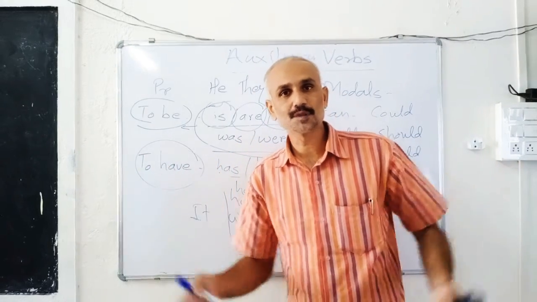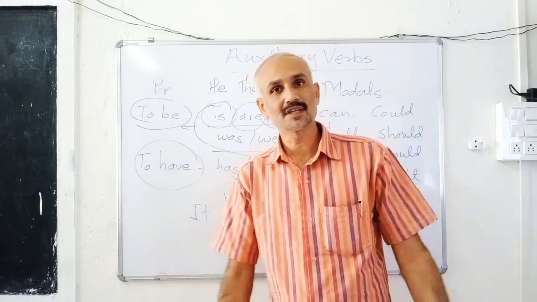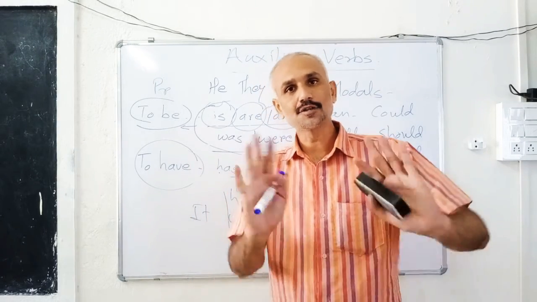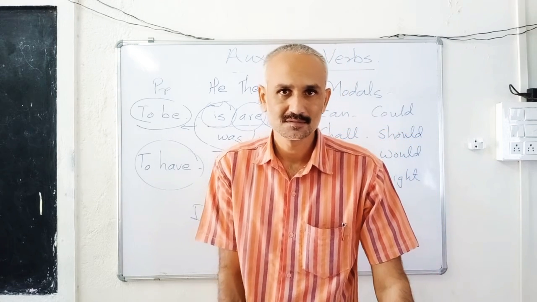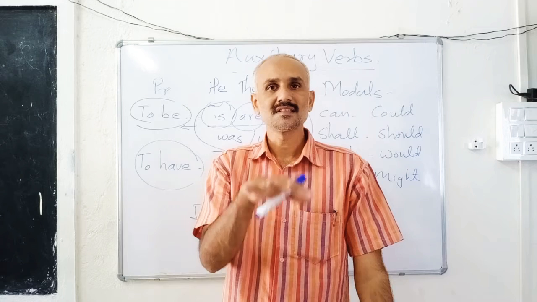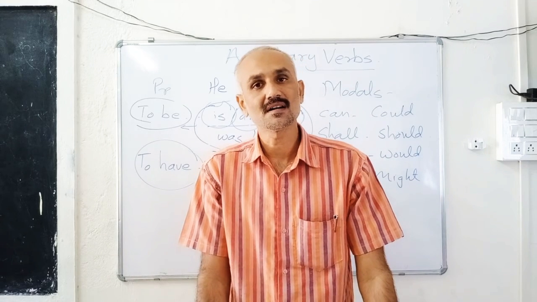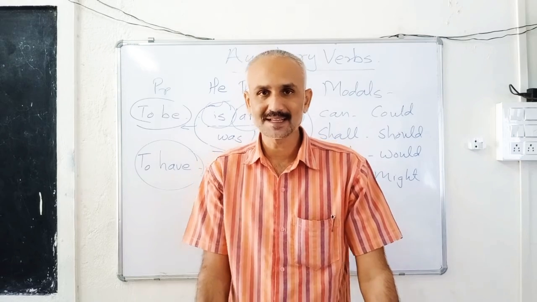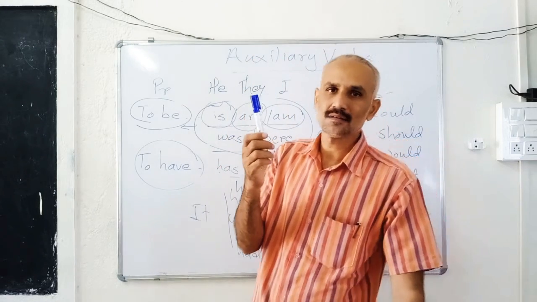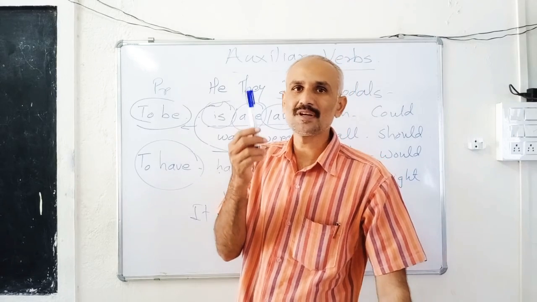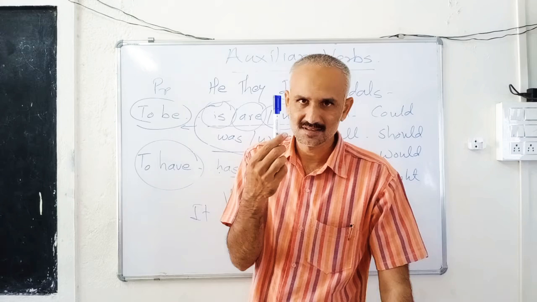Now you may ask me, what is the base? How do they have agreement and what is the logic behind it? Try to understand that language is an arbitrary phenomenon. Arbitrary means there are so many things, so many rules in the language which are arbitrary. For example, what is this? This is a pen. Why is this a pen? Can anybody explain to me why this is a pen? No logic. So this is arbitrary.